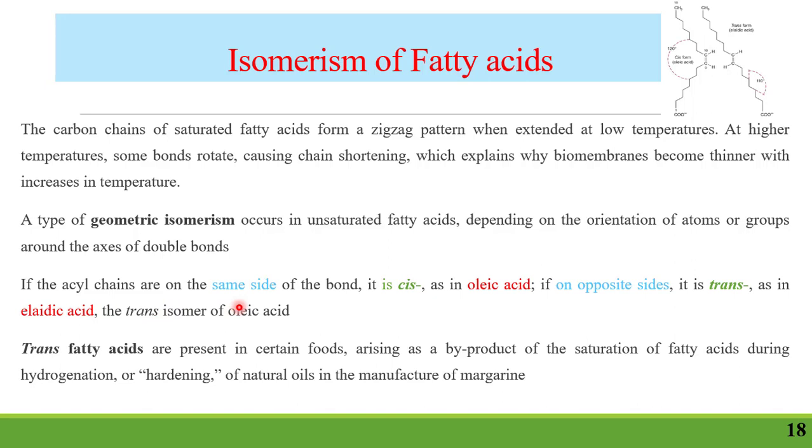If the acyl chains are on the same side of the bond, it is cis, as you can see here, as in oleic acid. If they are on opposite sides, it is trans, as in elaidic acid, the trans isomer of oleic acid.